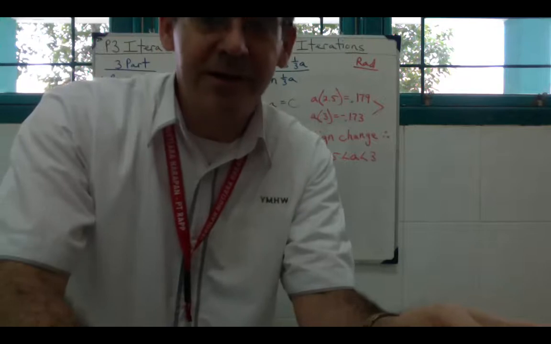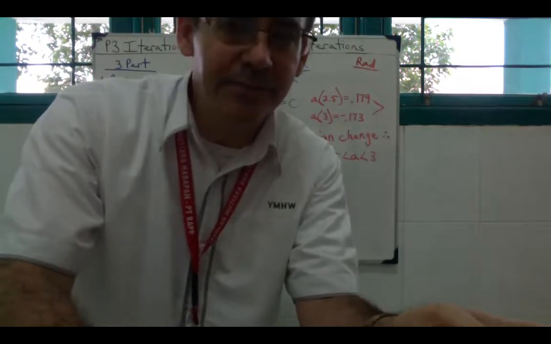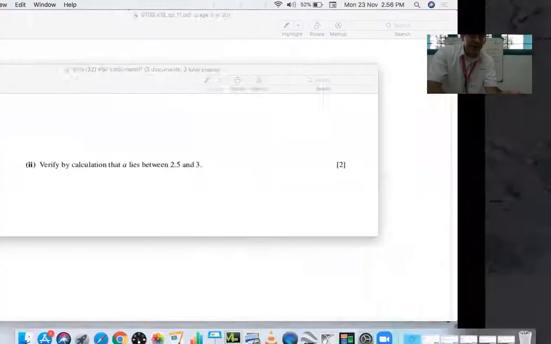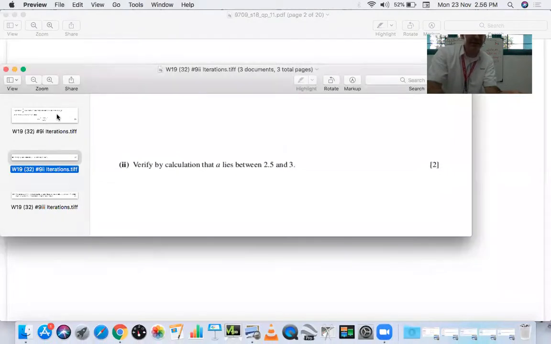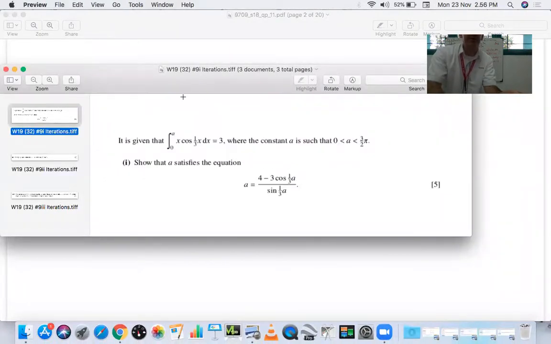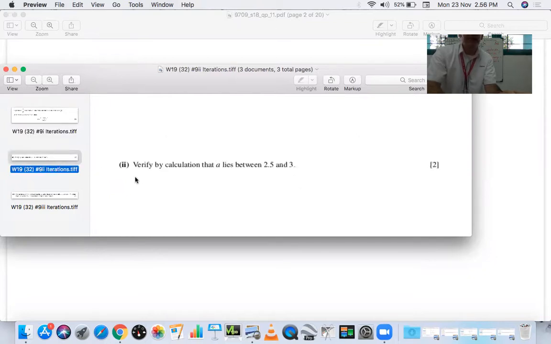Okay, let's look at our second example here. And here we have again, this was the first part up here. We're on the winter 19 paper 32. We already looked at this. You have to do an integration by parts. So you can go back and look at that video. Then we have verify by calculation that A lies between 2.5 and 3.